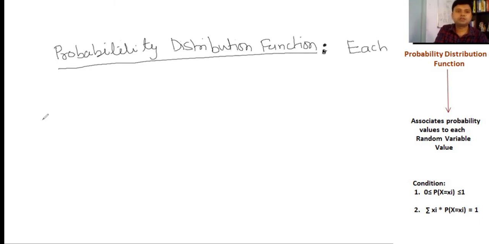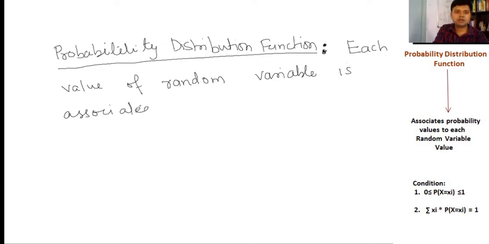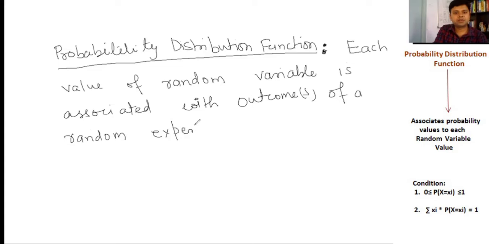Each value of the random variable is associated with an outcome or outcomes of a random experiment.